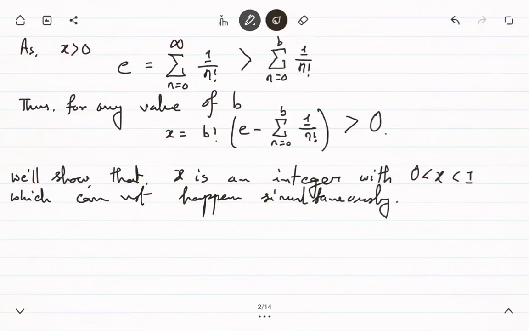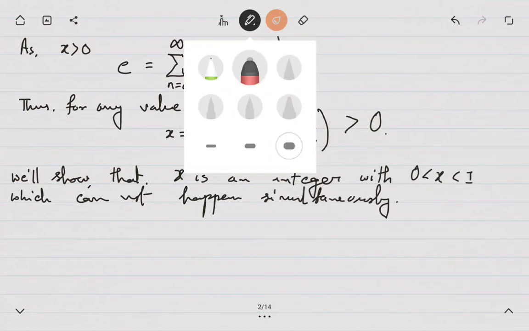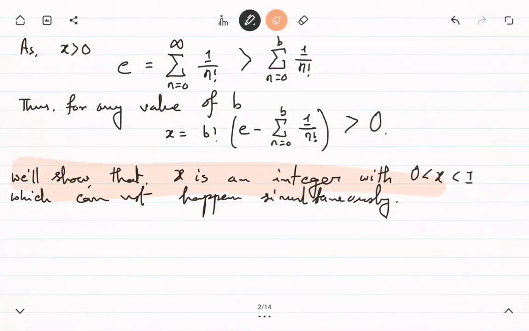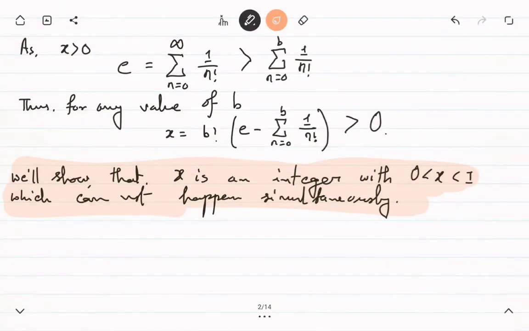This is our main motive, to show that. As you have seen, b factorial and this expression are greater than 0, which means it's a positive term.